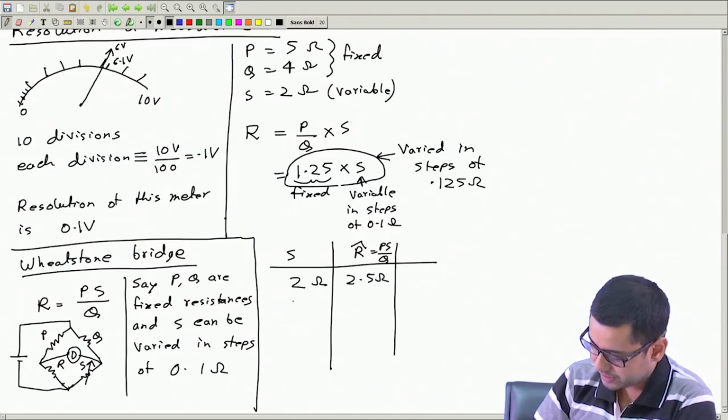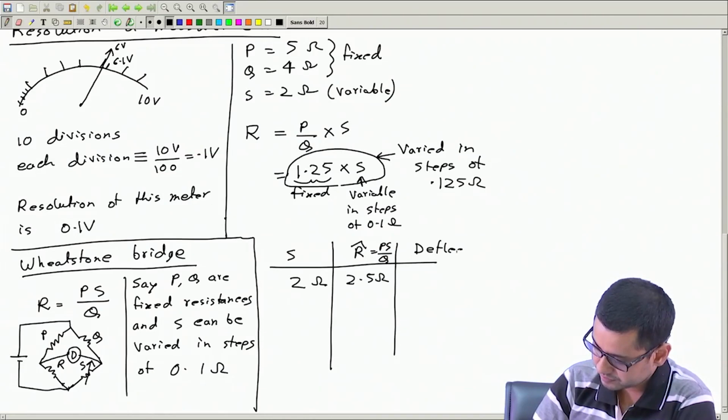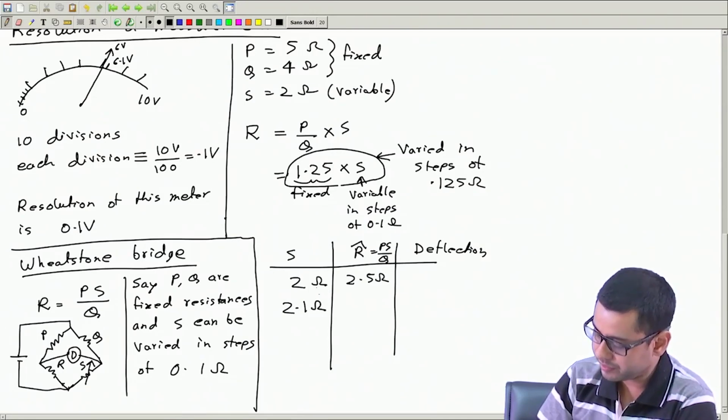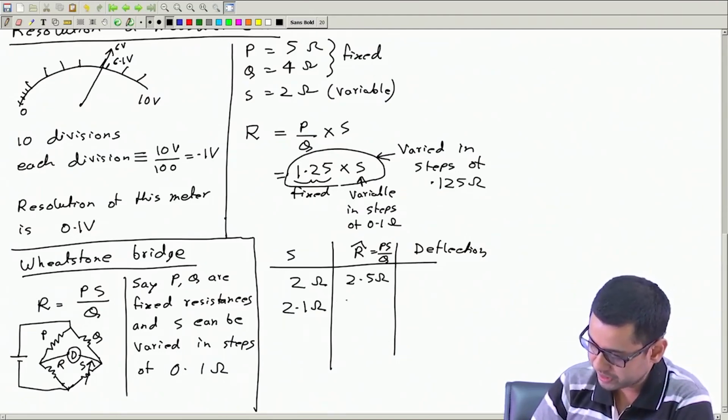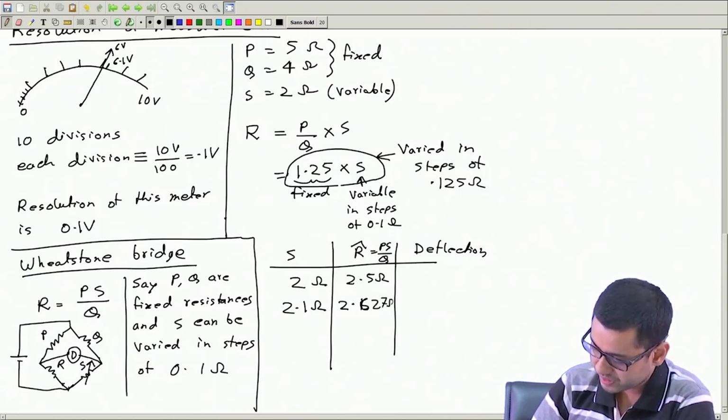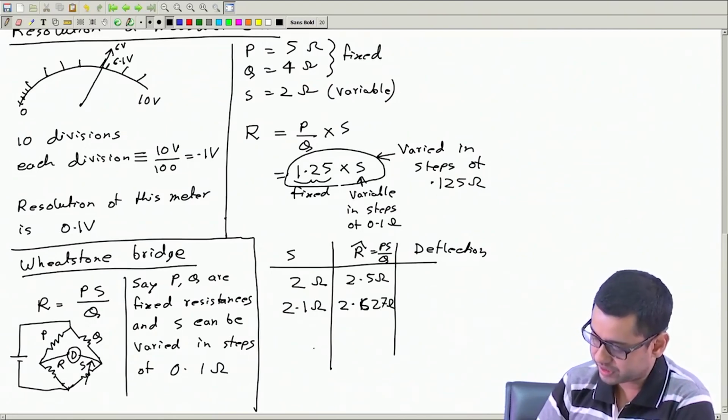Next, you take S as say 2.1 ohm, and you observe deflection. This is the minimum change you can make in S, and the estimated value of R will be 2.5 plus this quantity, which is 2.625 ohm.